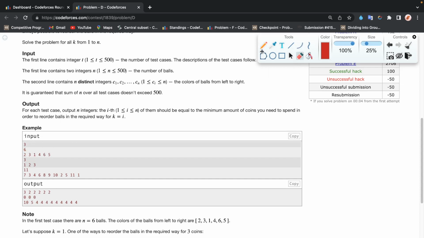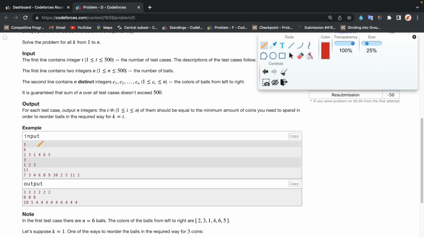Does this suffice? Moving this ball 5 is sufficient. But if I put one ball here and I put 5 here, okay, no. If I put one ball here, put 4 here, and 6 here, 3.